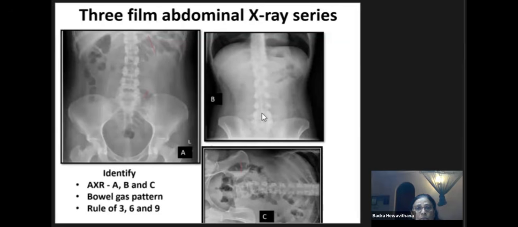But at times, if it is not revealing, you may have to do an erect X-ray, or even if you are strongly suspecting perforation and both X-rays are not showing, you may have to even do a lateral decubitus, that is a left lateral decubitus, where you have to keep the patient for about 10 minutes for the gas to sort of gravitate up. So that is about the 3-film abdominal X-ray series.